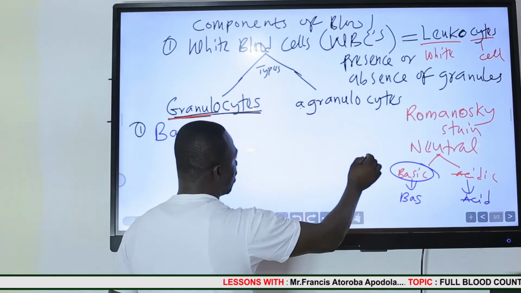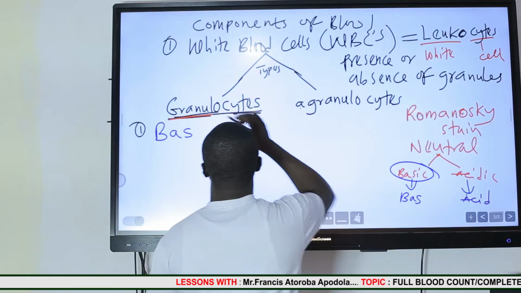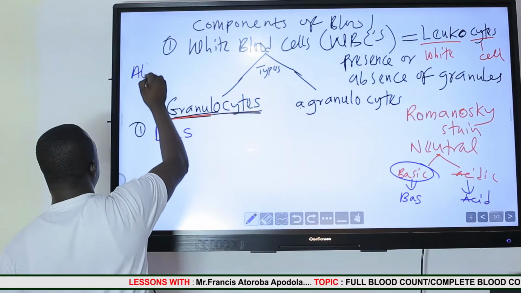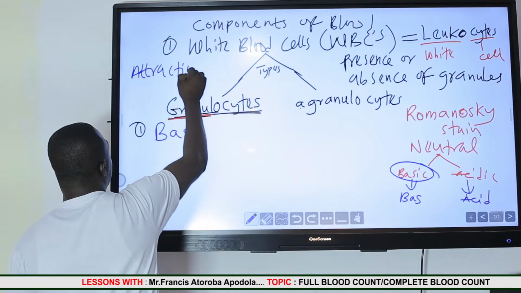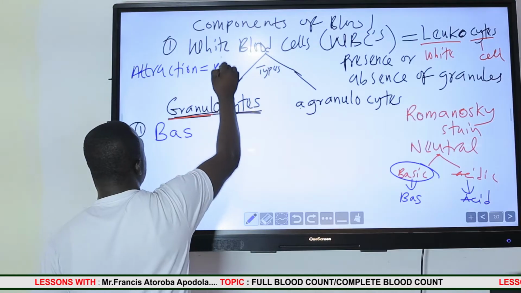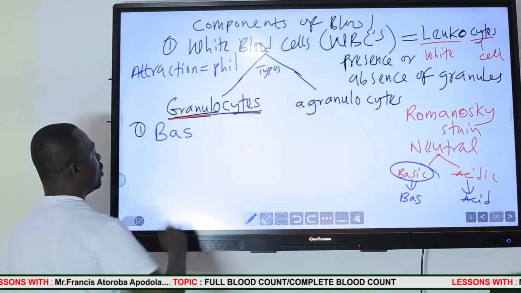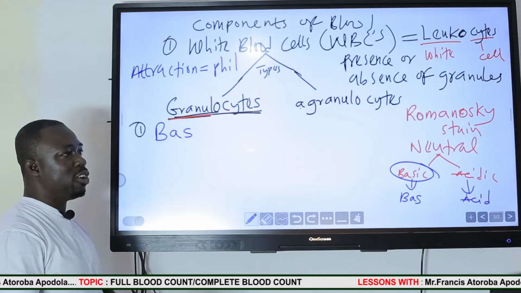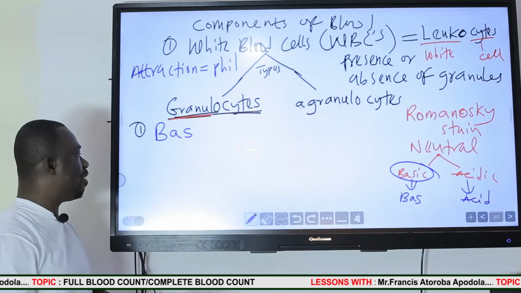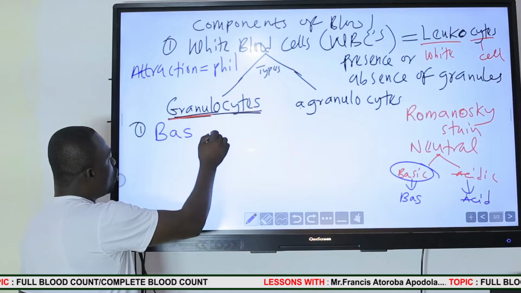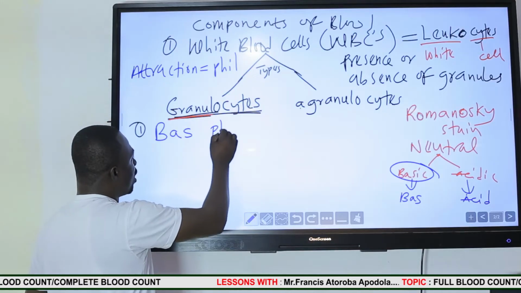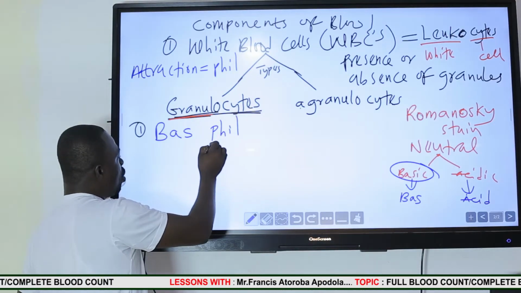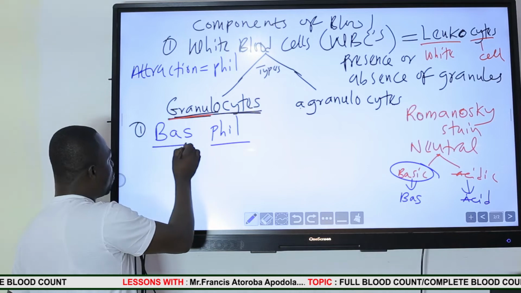In medicine, if something is showing attraction, it is called fill. Once a word ends with fill, it means attraction or love. So the cell showed attraction to the basic part of the dye.